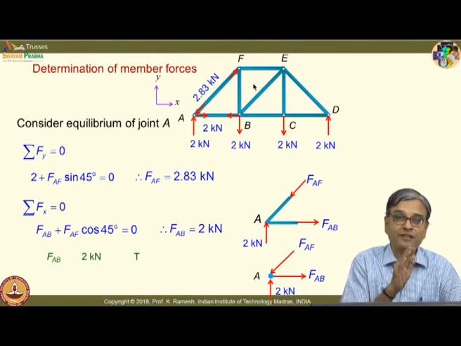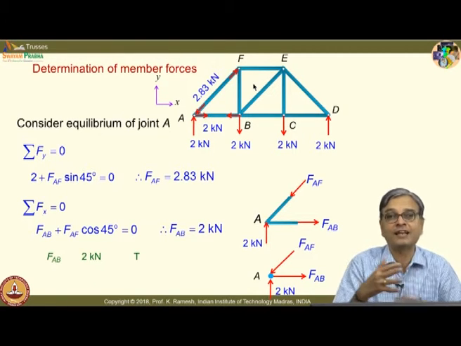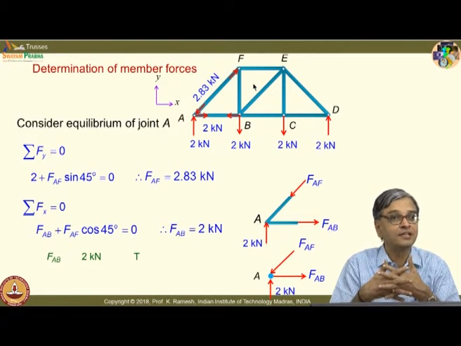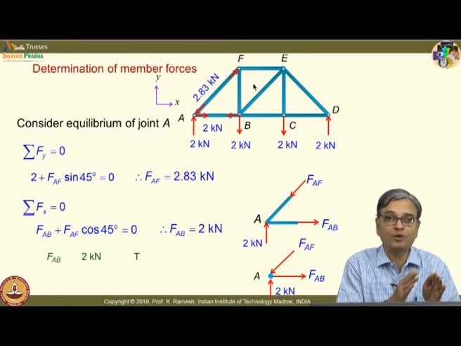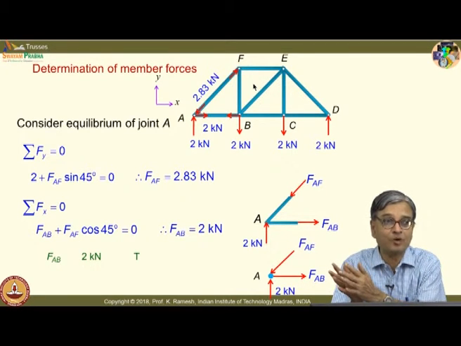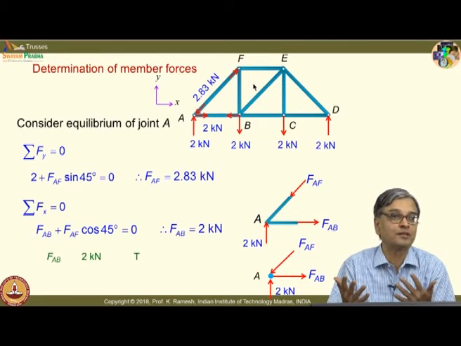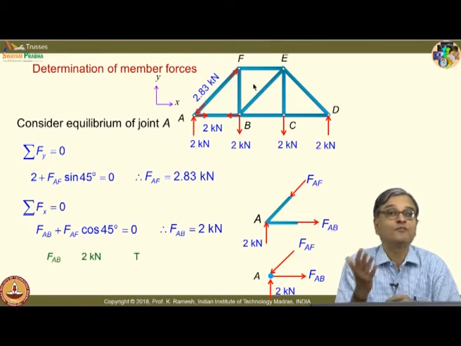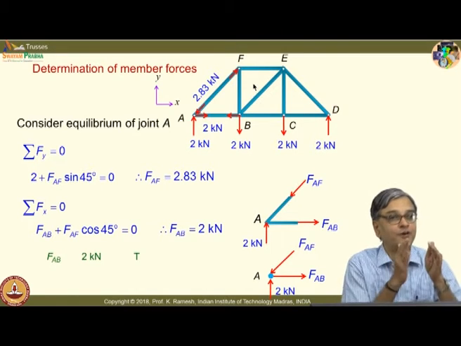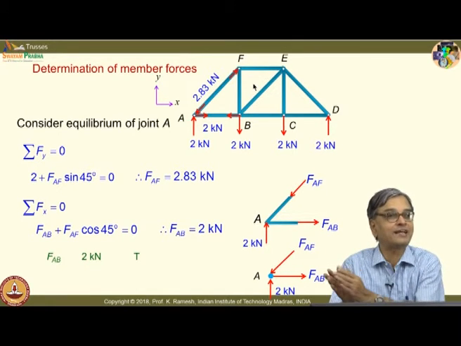Once you have determined the force, I have already said, when there are interconnected rigid bodies, once you have determined the force in one body, you have no choice in the other body. You have to put it from Newton's third law, equal and opposite. You can't assume for both separately. If you have assumed for one, the other one is automatically fixed.